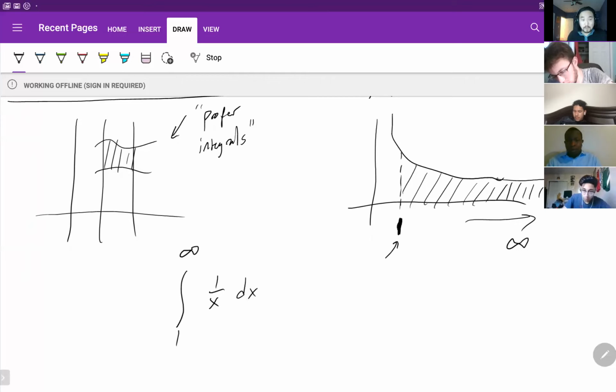But this form is considered improper. This isn't mathematically correct, because our bounds need to be finite. I can't say x equals infinity. I always get this argument, especially when I'm teaching L'Hôpital's.